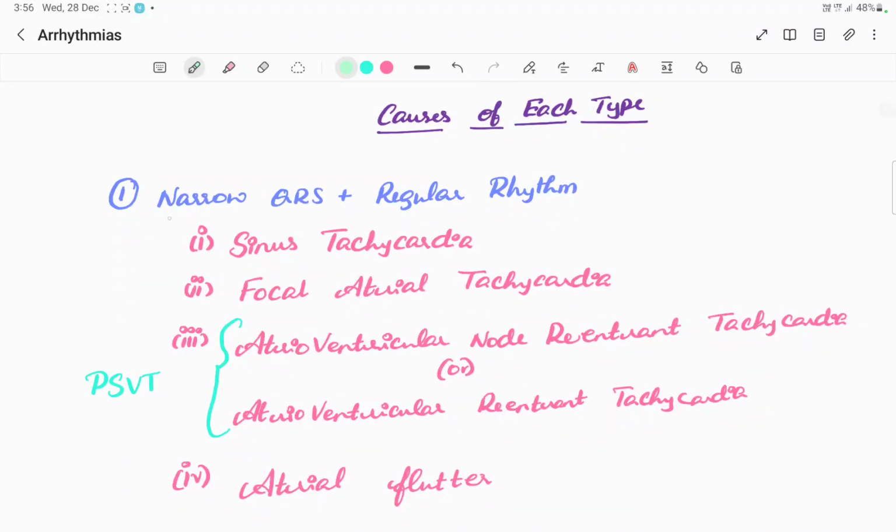First one is narrow QRS with regular rhythm. So there is narrow, wide, regular, irregular. We are combining narrow and regular. So what are the causes? First is sinus tachycardia. Second is focal atrial tachycardia, atrioventricular node reentrant tachycardia or atrioventricular reentrant tachycardia, and atrial flutter. These are the causes for narrow QRS and regular rhythm.